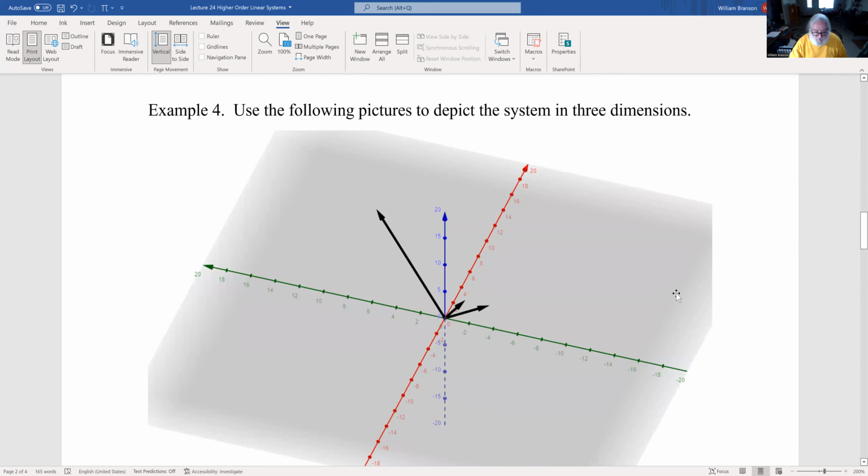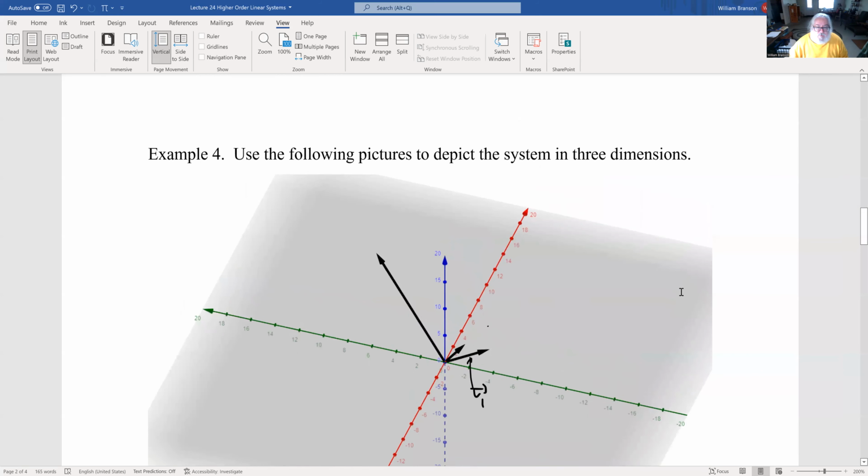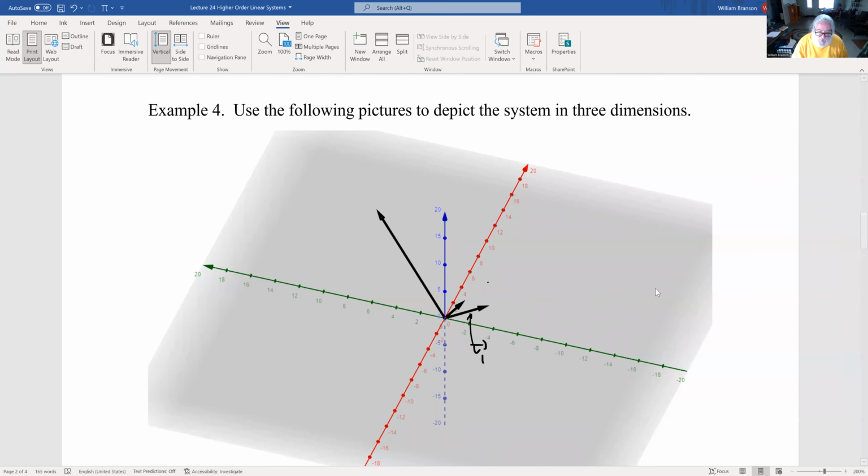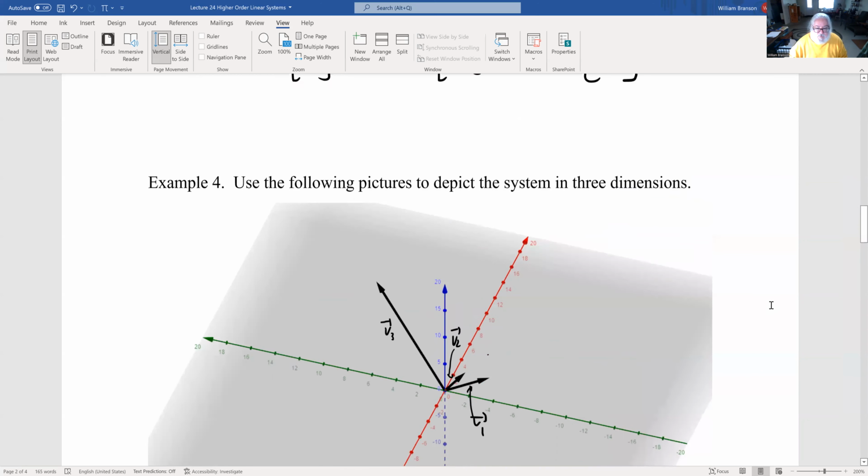So v1 is here. v2 is 2, -1, 1, so that's this one. v2 is that one. And then this one is v3. And you can tell v3 because it's got the biggest number in it, 16.